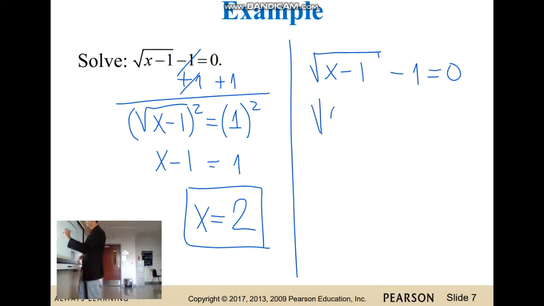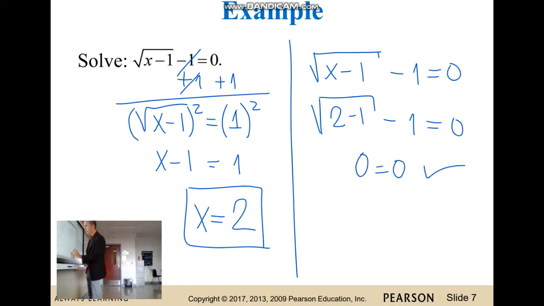Square root of 2 minus 1 equals 0. 2 minus 1 is 1, square root of 1 is 1, 1 minus 1 is 0, 0 equals 0. This is true, so we can confirm that solution for the original equation.